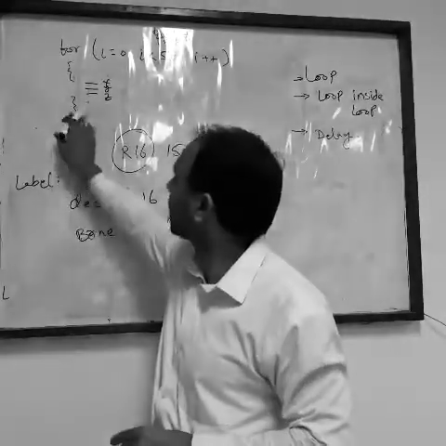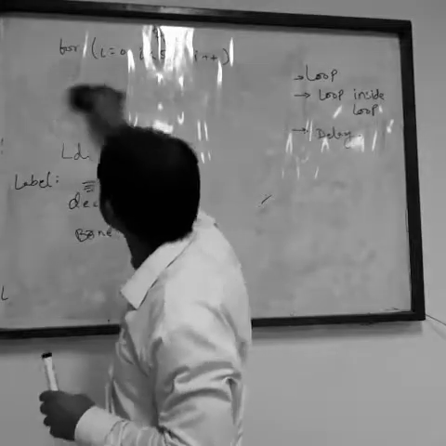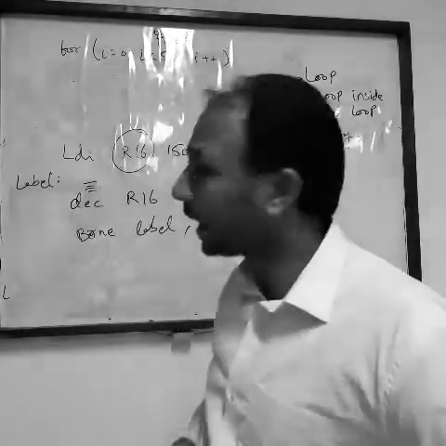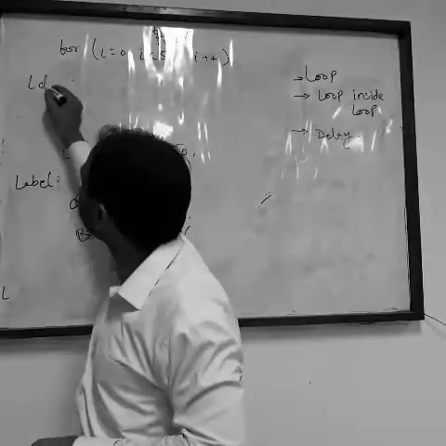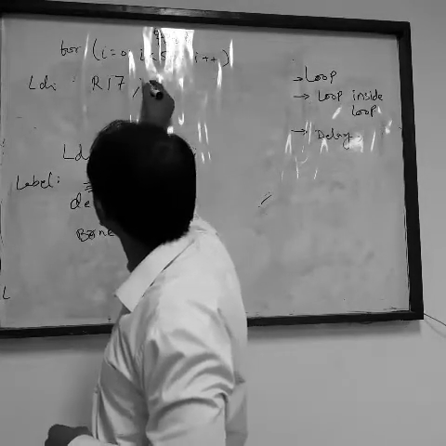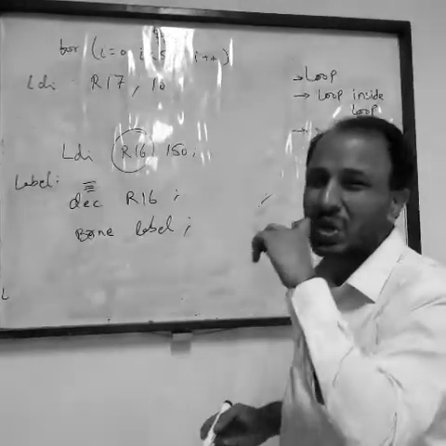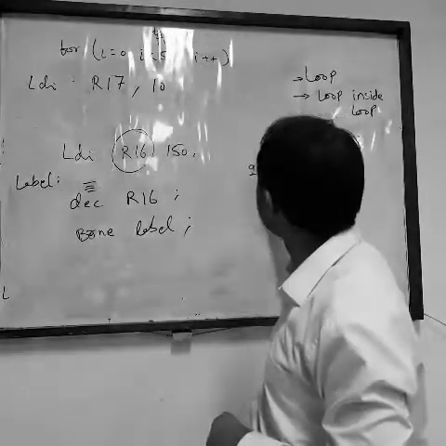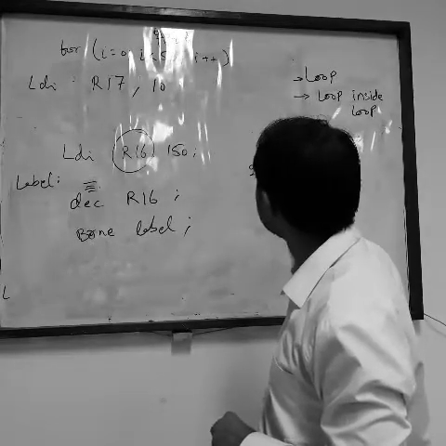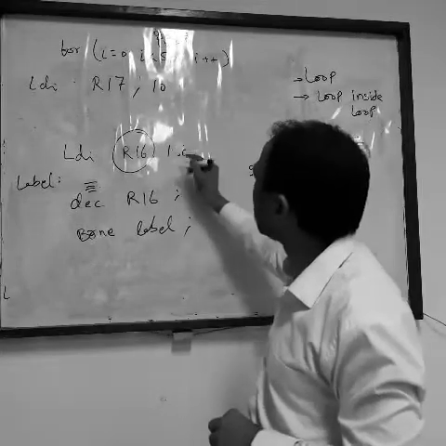So here, if I have, let's say, LDI R17 equal to 10. I want to run, let's say, 1000 times.